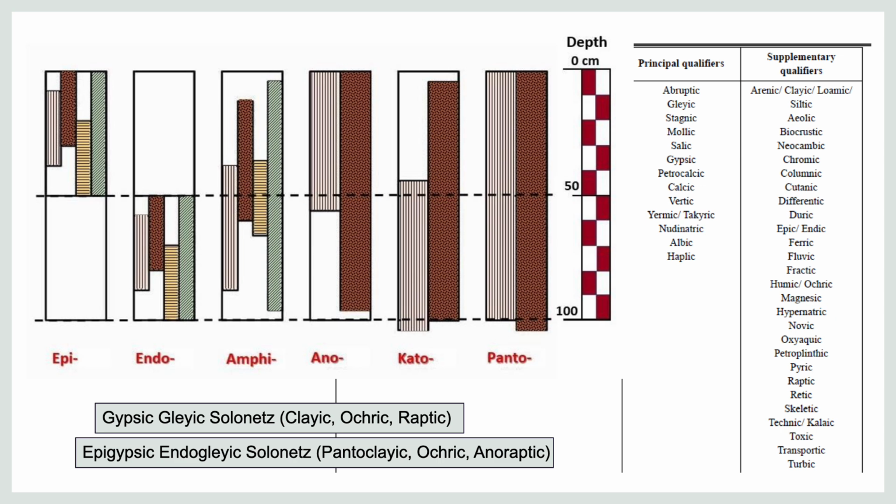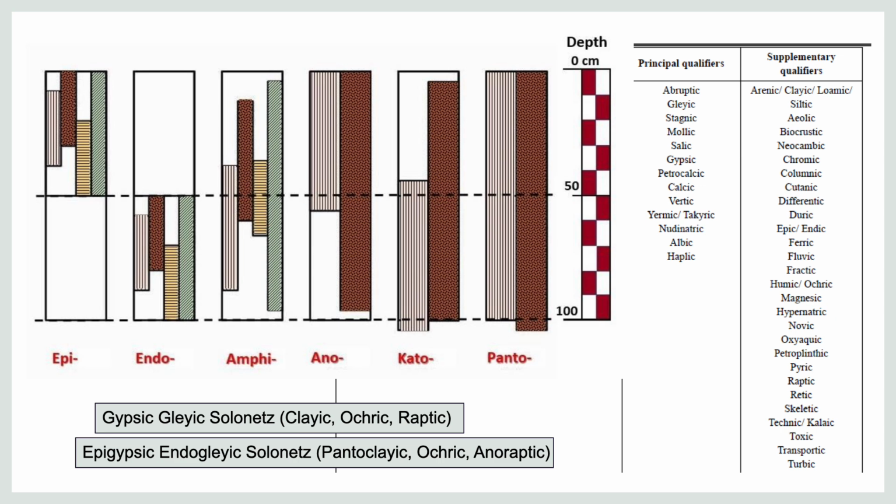Amphi. We also have the term ano. The term ano is used for those diagnostic horizons or diagnostic properties applied to qualifiers that start at 0 and end after 50 but before 100. So it's similar to the amphi, but in this case we need that specific diagnostic horizon or diagnostic property to start at 0. So it starts at 0 and ends after 50 but before 100.